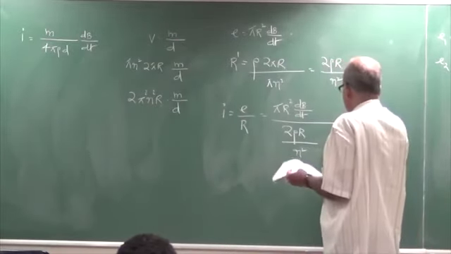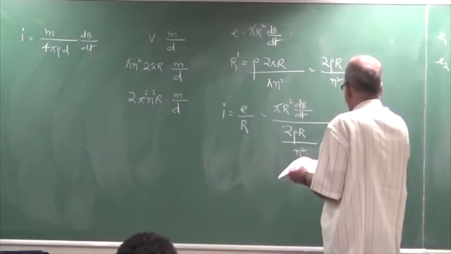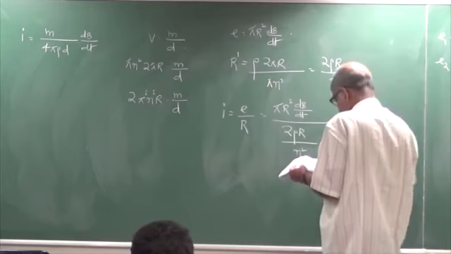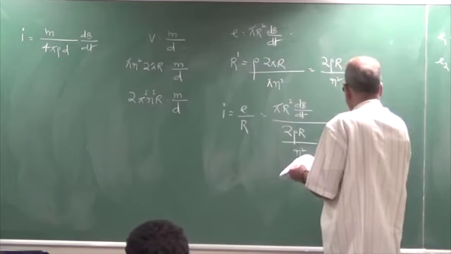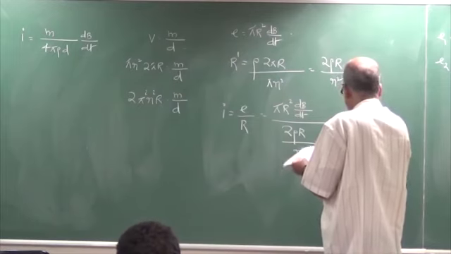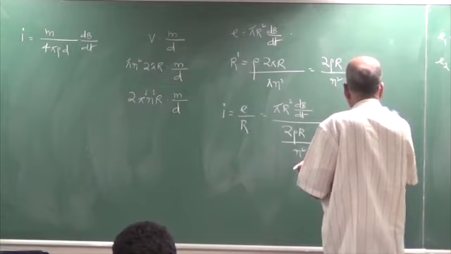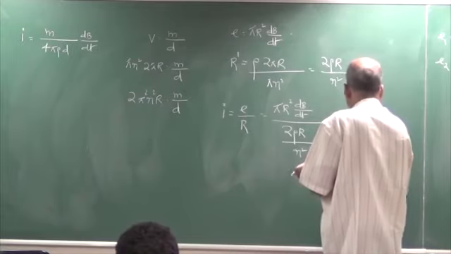Correct? This you can really write as, multiply by pi, divide by pi, pi squared small r squared capital R by 2 pi rho dB by dt.